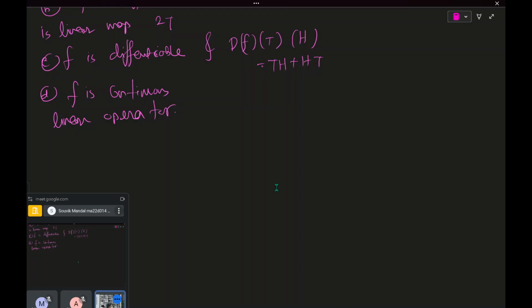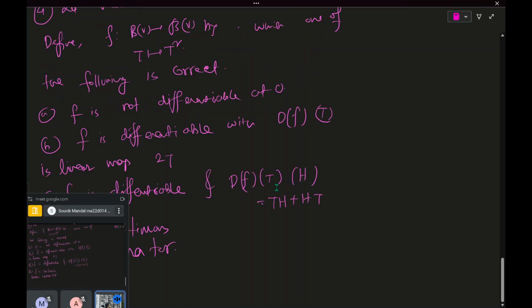So look, you have seen that in differential topology there are maps like x goes to x squared, which is a smooth map. But this happens in the reals. Here we have a normed space.